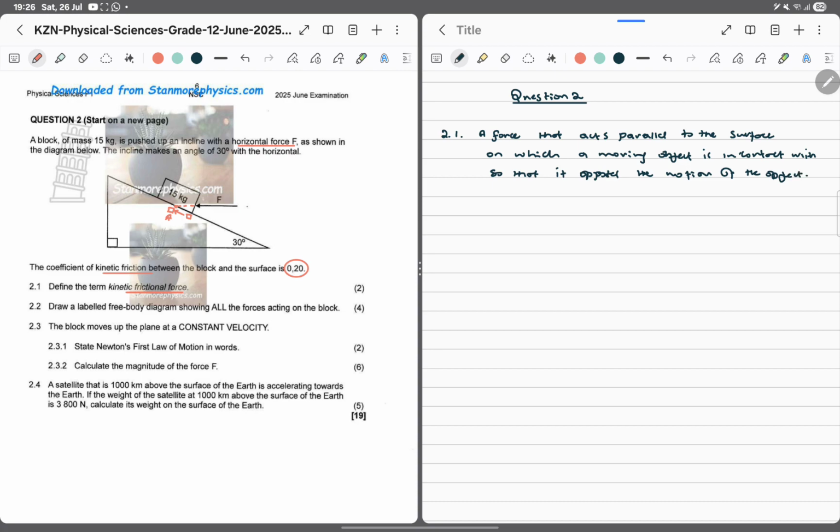Okay guys, so there's many ways you can phrase this. Either way, if the science is not lost, that's very important. What is important is that this force acts parallel to the surface, right? And this is, again, involving a moving object, okay? And this force opposes the motion of that object.